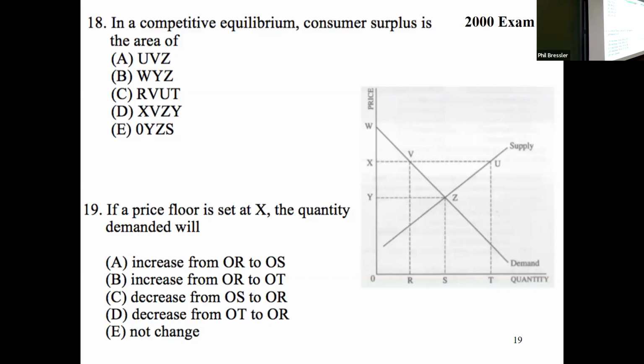What's the equilibrium here, Matthew? Competitive means a regular supply and demand, and the equilibrium is... Yeah, C, Y, right? So the rule is above the price, below demand. So Y doesn't matter. Okay, we're all good?